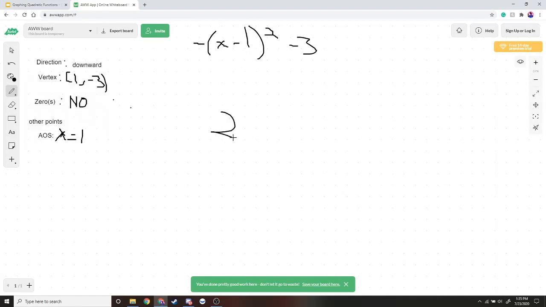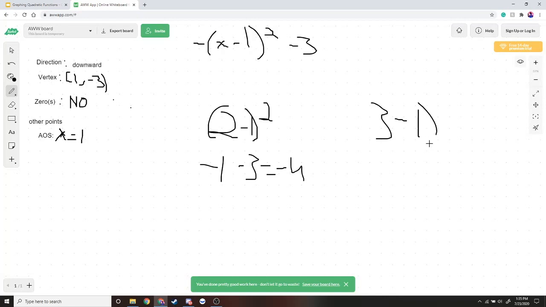So if we plug in 2 minus 1 squared, which is 1 squared, and then you multiply by the negative, so that's -1 minus 3 is equal to -4. And the next one we're going to use is 3. So 3 minus 1 squared is 4. And the negative of that is -4.